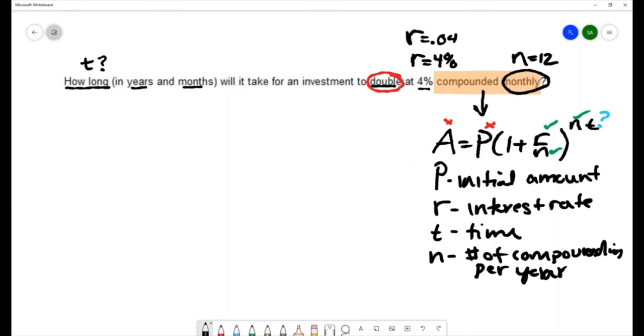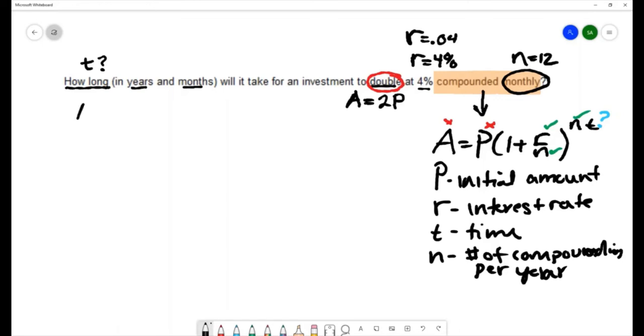The relationship is that A is equal to twice P, or double P. We are ending with twice what we started. And even though we don't know the values of A and P, because we know the relationship between the two, we're going to be able to solve this equation.